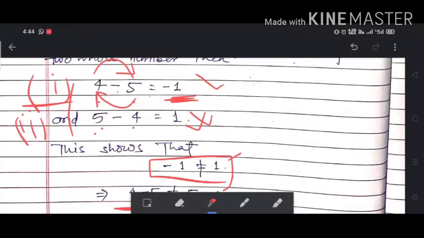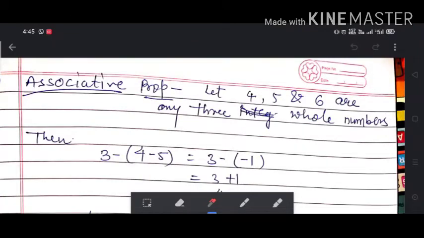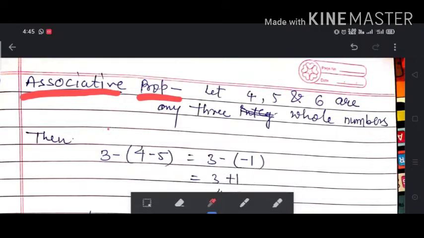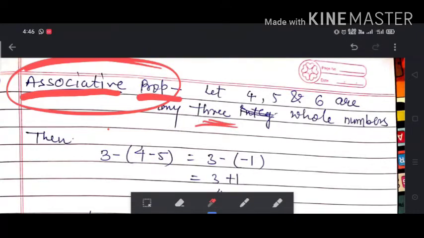Now let's see the next property. The next is the associative property. So let us see what the associative property is. In order to prove the associative property we need at least three elements.